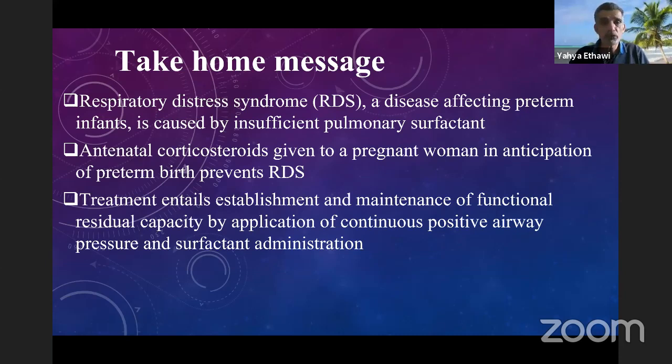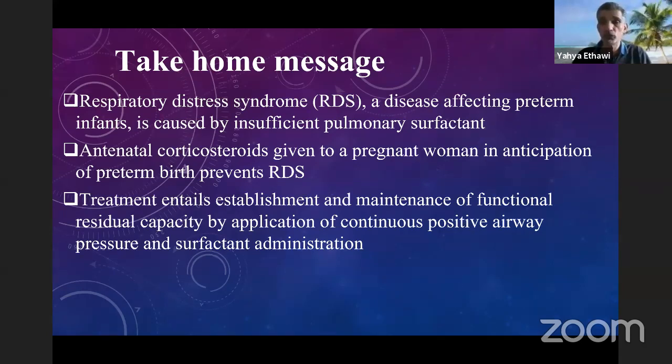So, take-home messages. Respiratory distress syndrome is a disease affecting preterm babies, caused by insufficient pulmonary surfactant. Antenatal steroid given to the pregnant lady anticipating preterm delivery can prevent RDS.